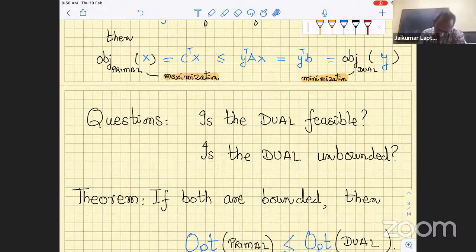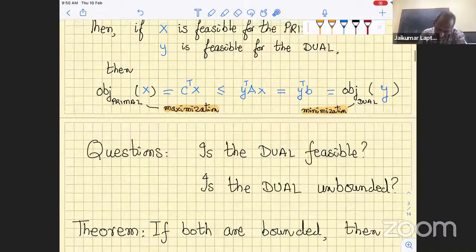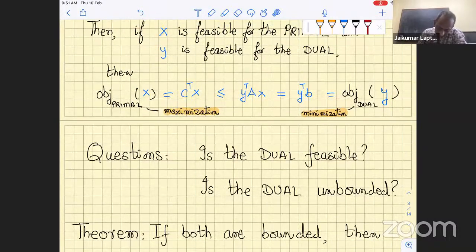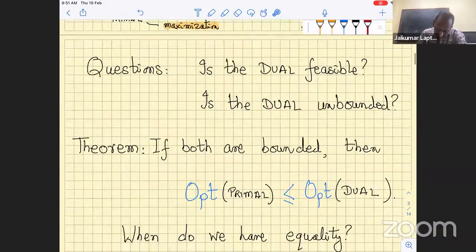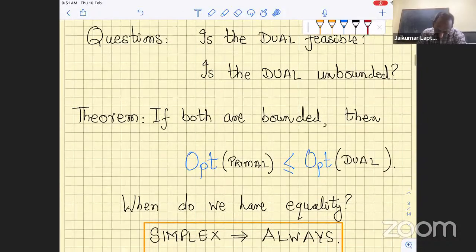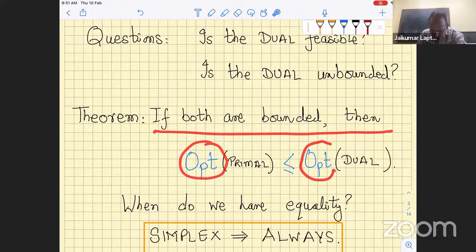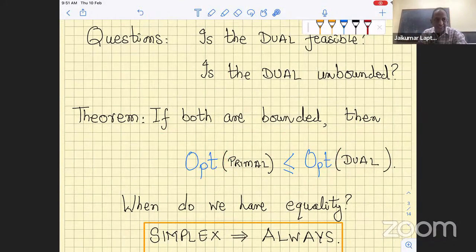So far, this is where we are. Some of the questions you already asked. Suppose, is the dual feasible? And is the dual unbounded? What we know is that if both are bounded, then both of them will have optimum solutions, because we discussed already that whenever linear programs are bounded, they have an optimum solution.